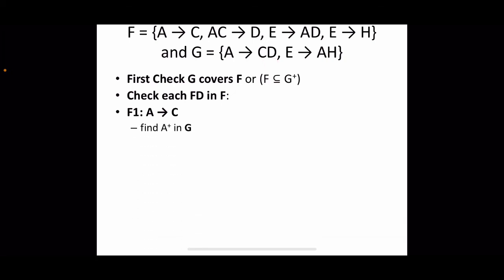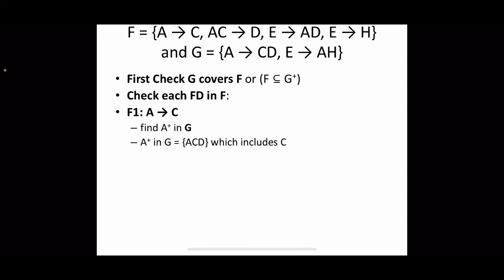X here is A, right? So A closure in G we have to find, right? So ACD will be there. If you take this, since E is not a subset of ACD, we cannot add, right? So A closure in G will be ACD. And we can check whether the Y part, what is Y part here? C. C is already there in this ACD, right? So we can say that F1 can be inferred from G.